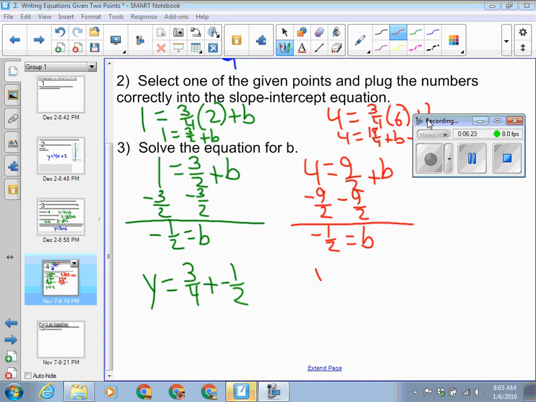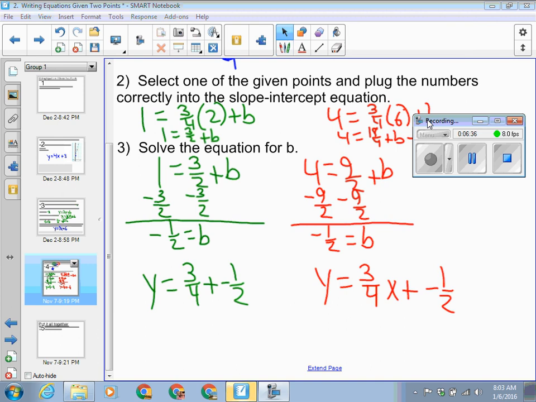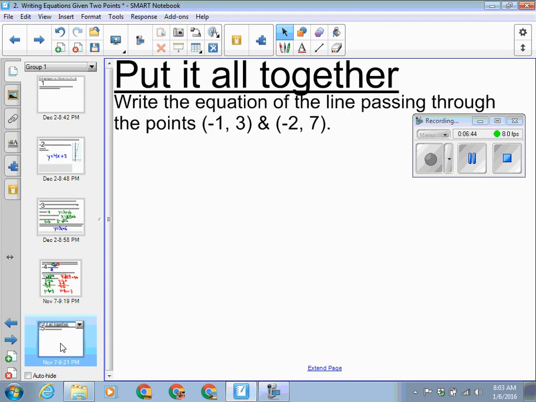It works out the exact same way. So whichever point you are more comfortable using when you do the equations, you can choose it. And it should work out properly if you do your math correctly. Put an x in there, which is kind of important. And there we go.